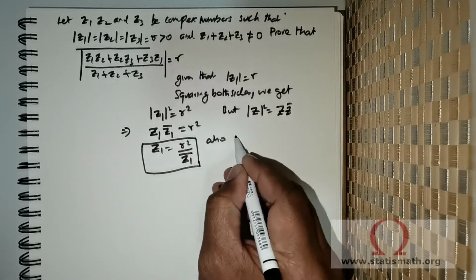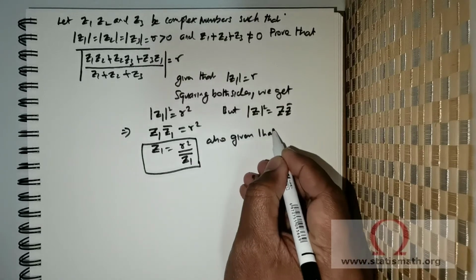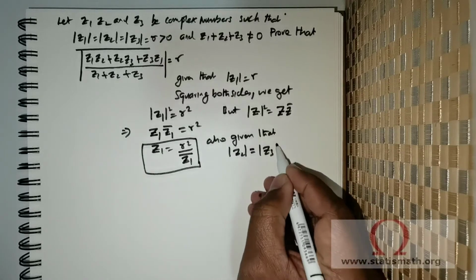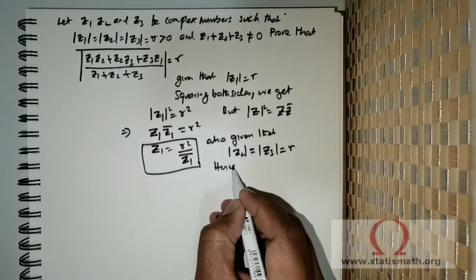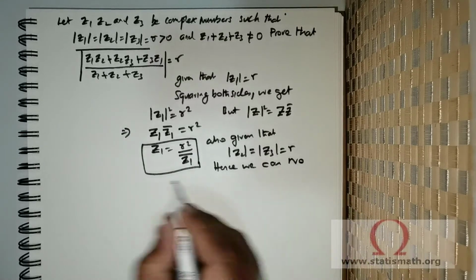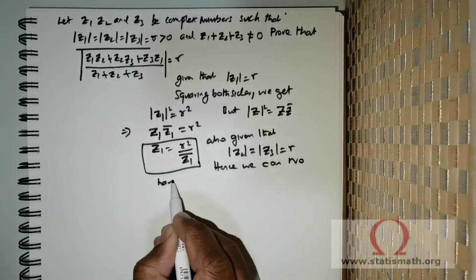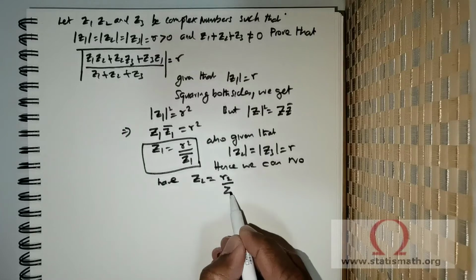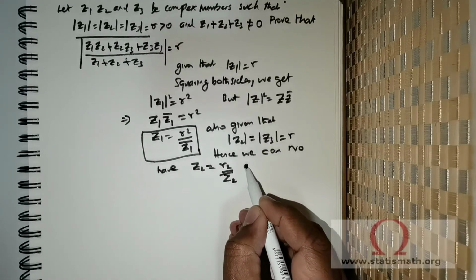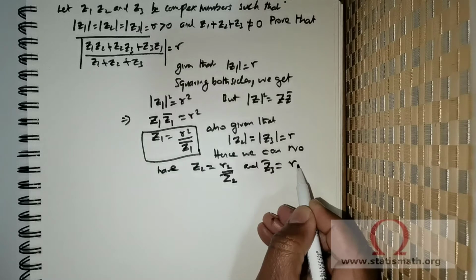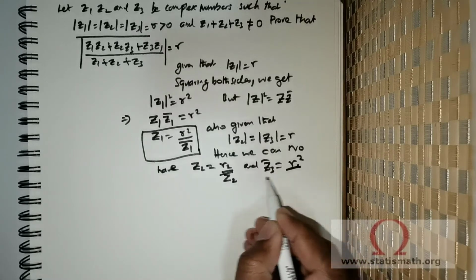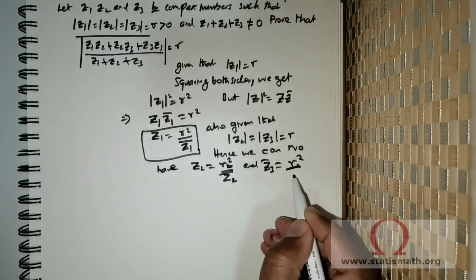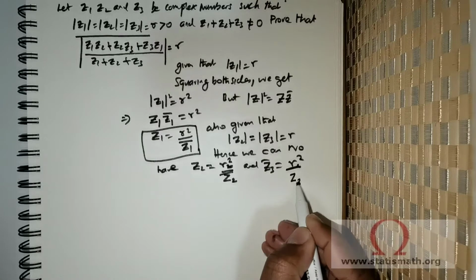Also given that modulus of z2 is equal to modulus of z3 is equal to r, hence we can have z2 equal to r squared divided by z2 bar, and z3 equal to r squared divided by z3 bar.